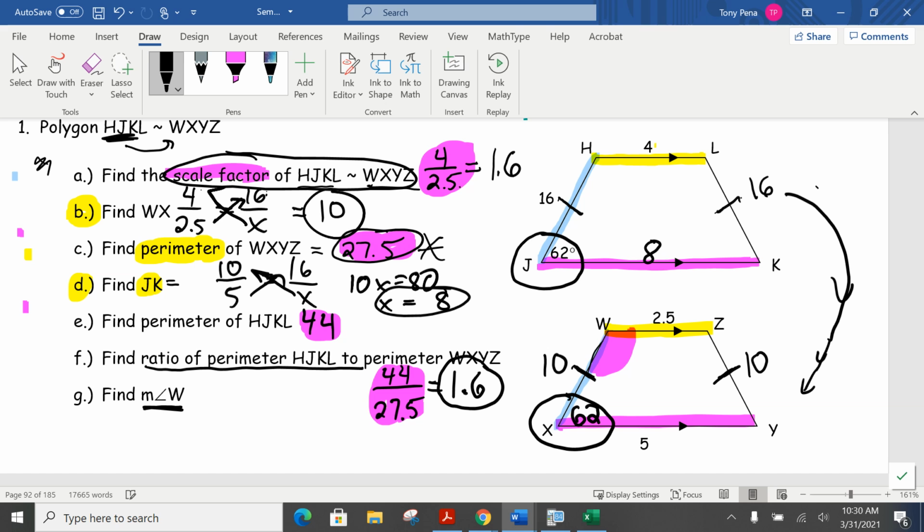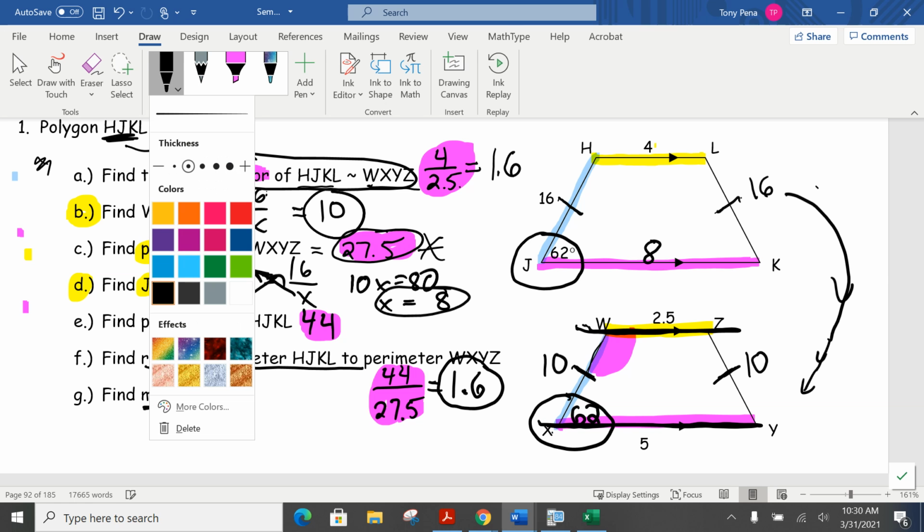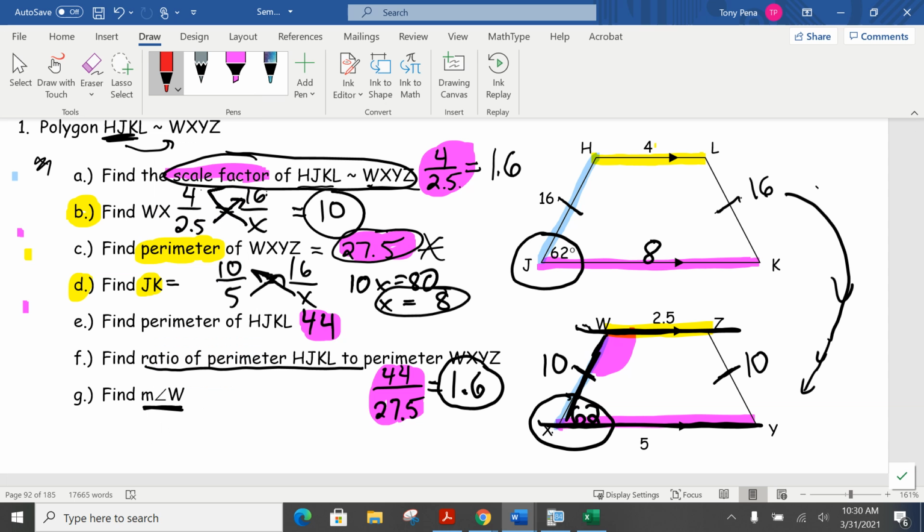So this goes way back. What we're looking at is, remember how the little arrows mean we're parallel? So here is our parallel line, and this is a parallel line to that one. And then remember the little thing we call the transversal. Here is a transversal right here.